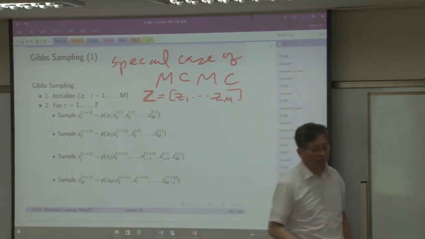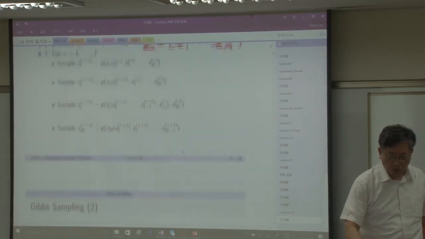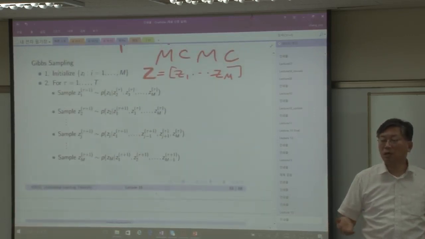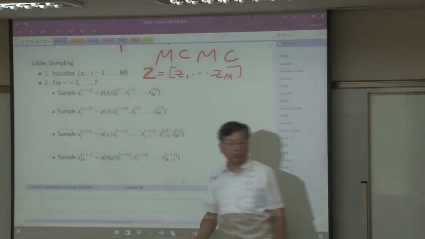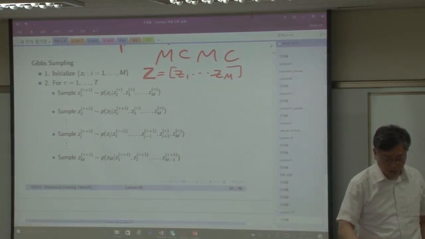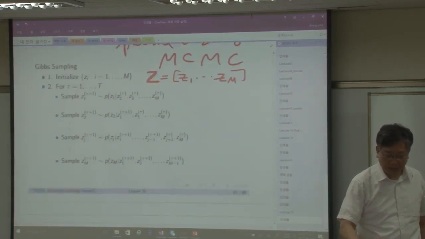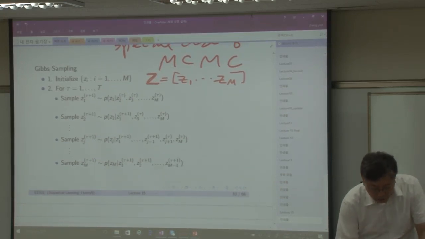This is a special case of MCMC, and so the conditional probability is the proposal distribution. This is the proposal distribution, and you are always accepting.